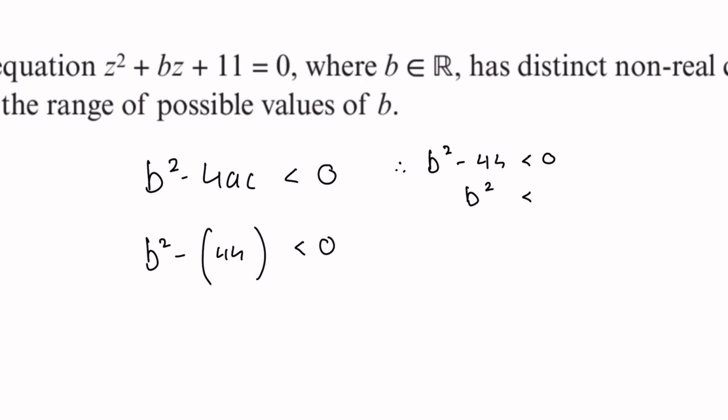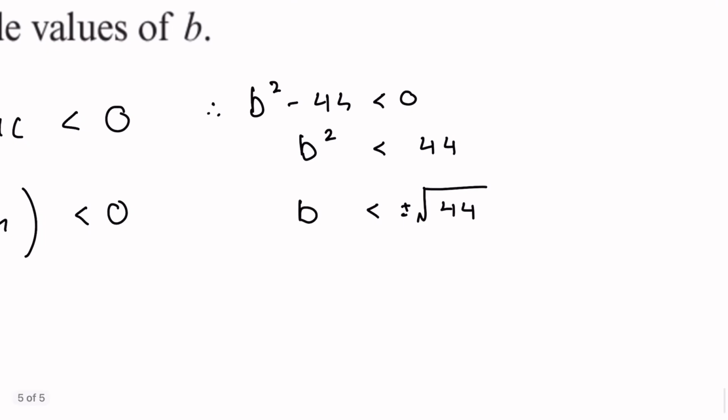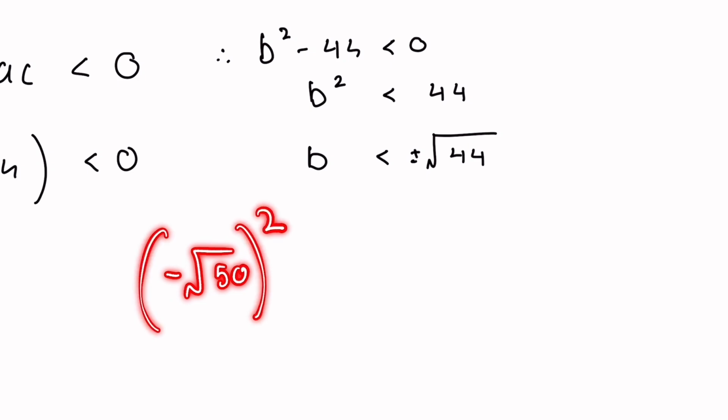So b squared has to be less than 44. When we square root this, b has to be between plus or minus root 44. Naturally, for example, negative root 50, if I squared that, would be larger than 44.